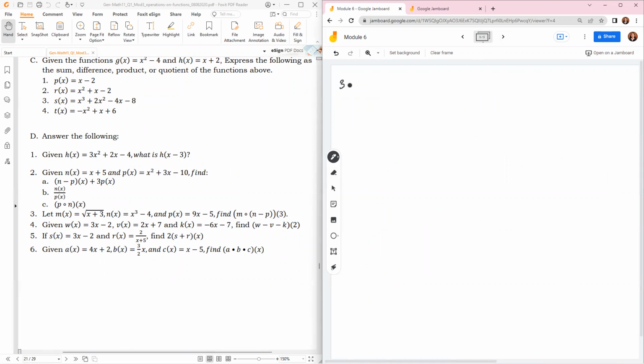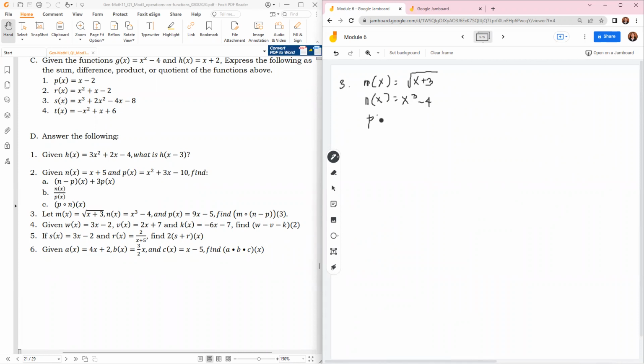So we are given m of x equal to the square root of x plus 3. We also have n of x equal to x cubed, which is a higher-order function, right?